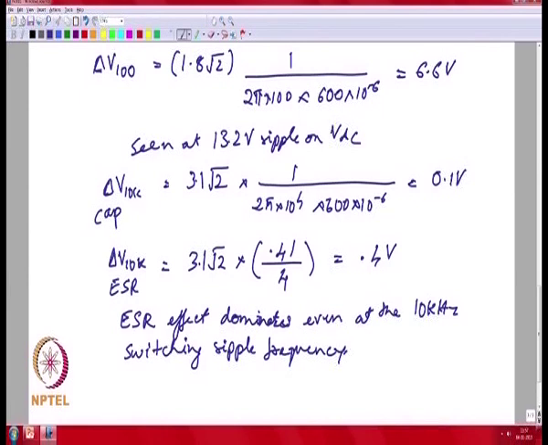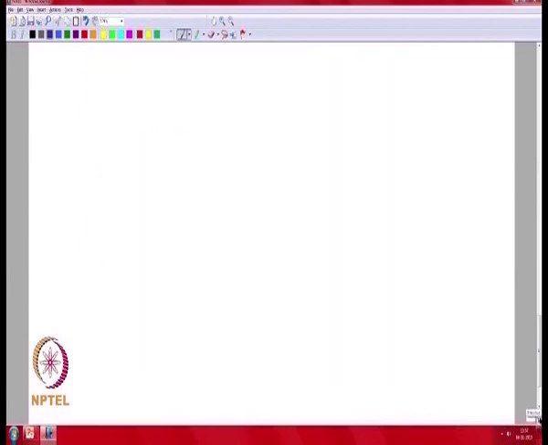If you look at the maximum voltage seen by the individual capacitors, just assuming a worst case scenario, we would have 400 volts nominal for the individual capacitors DC value.